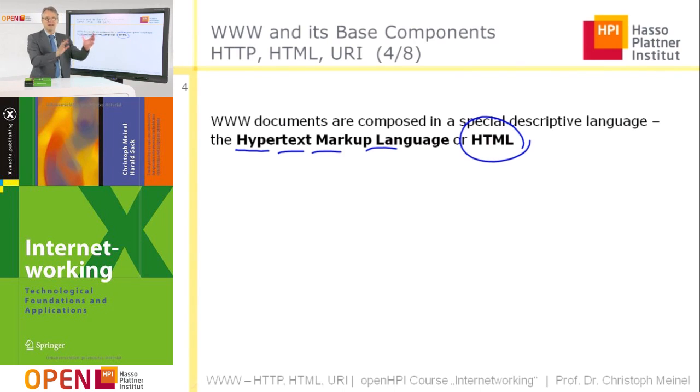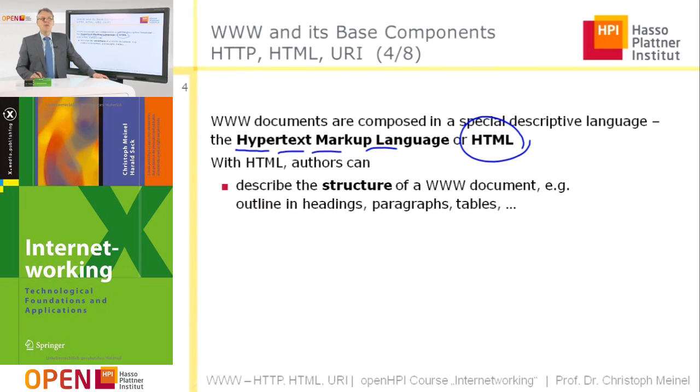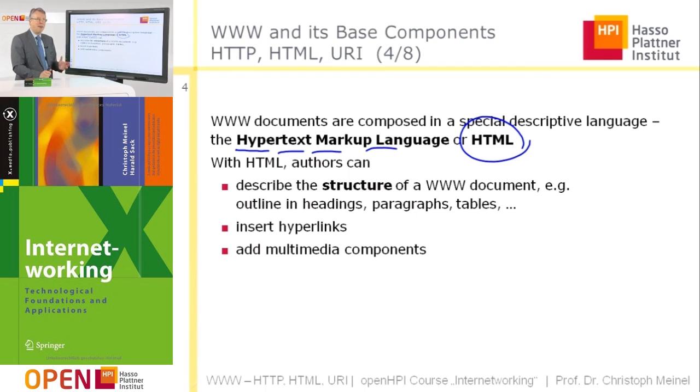Hypertext, as you see in the beginning, was mainly used to design text documents. The HTML language allows the authors to structure web documents, for example, to make clear what is the headline, what is the paragraph, what are tables, and what other data types are included. HTML allows inserting hyperlinks at any part of the document.